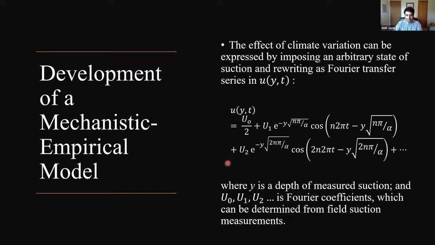Here, again, we have y as the depth, and of course, we have u0, u1, u2, and so on as Fourier coefficients. These are obtained through Fourier decomposition of the surface suction time series that we obtain for each year. So that's how we find those coefficients. We can use solvers or some numerical approach to get them.